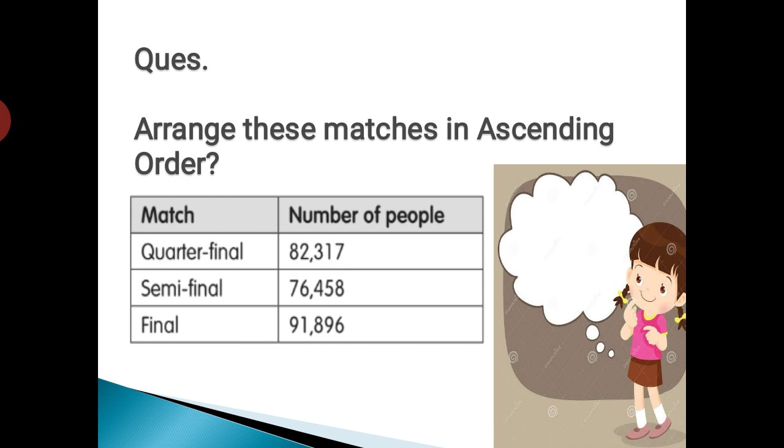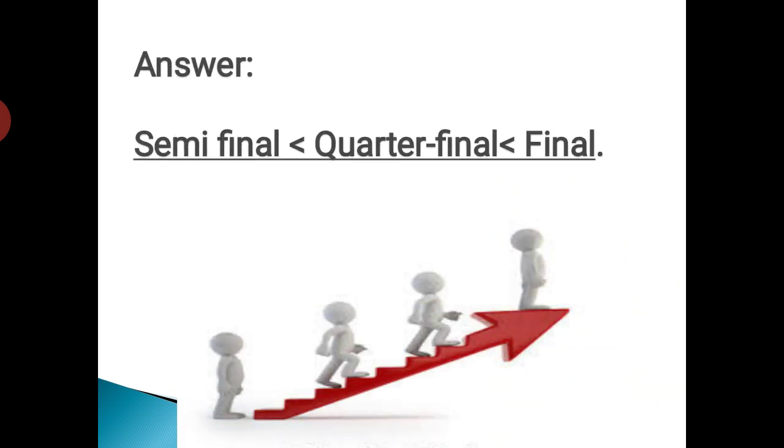Just think, it's clearly visible. You have to start from the highest places. So the smallest is the semi-final, then the quarter-final, and then the final.